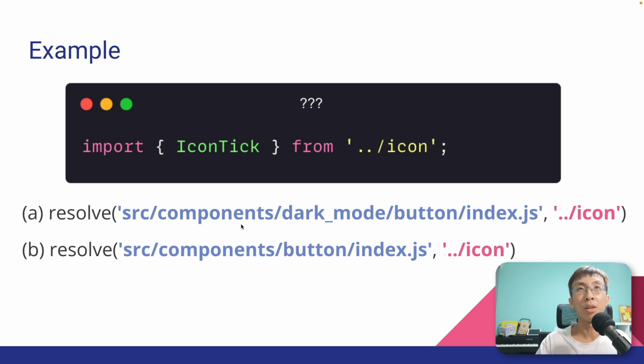Depending on where you're resolving from, where the importer is, the result from this resolver function will be very different. And whether the file is there or not really depends on where you are resolving from, which means whether you are going to follow the symlink or not. So that's something you need to take note of.